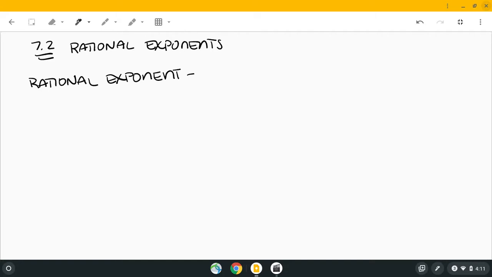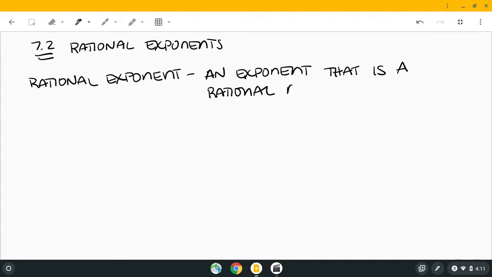It's basically an exponent that is a rational number, and that just means a fraction.